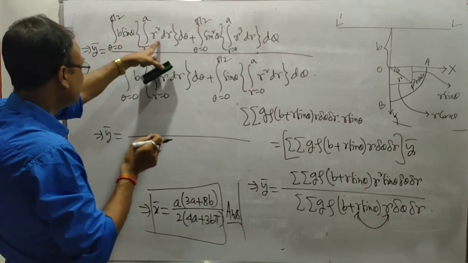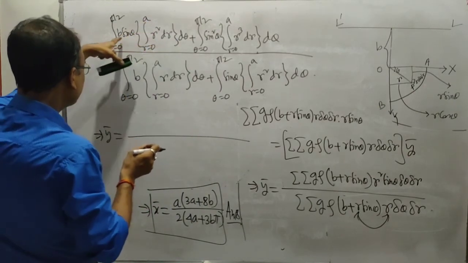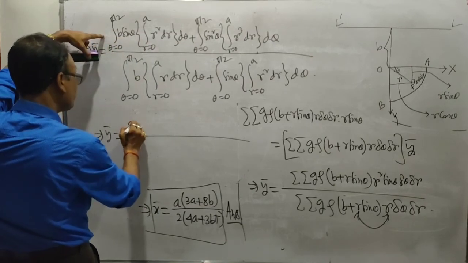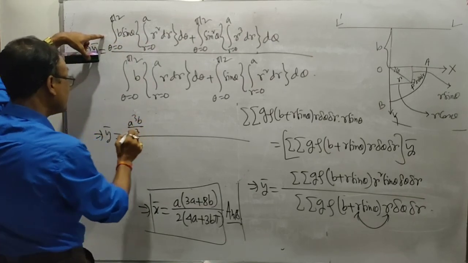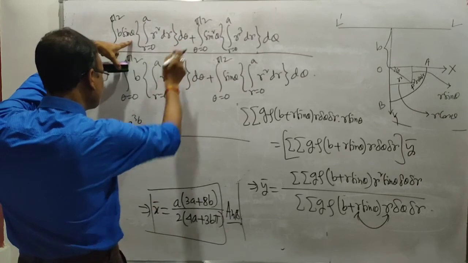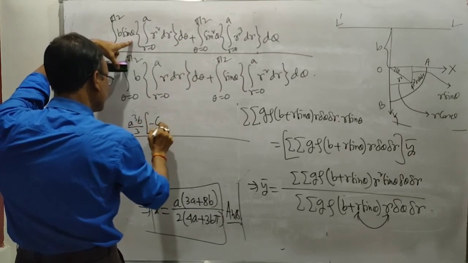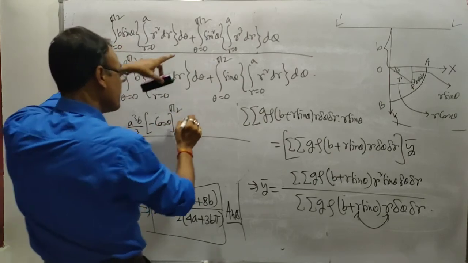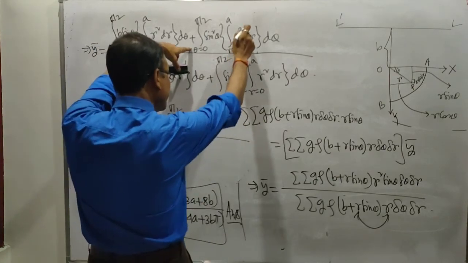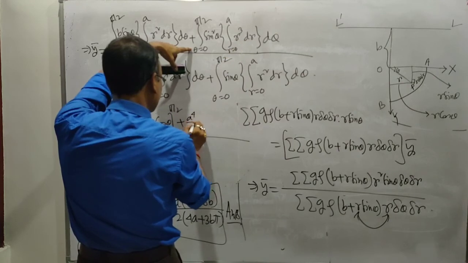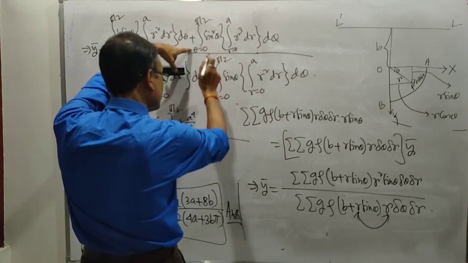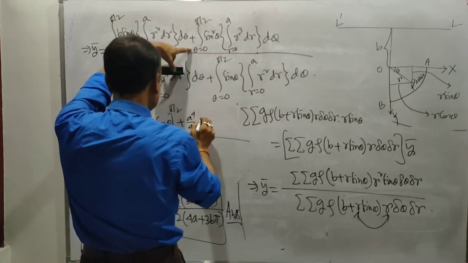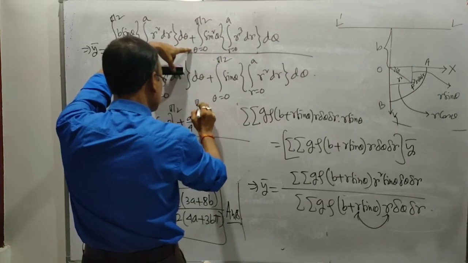This means y bar equal to. It is R cube by 3, means a cube by 3. A cube b by 3, sin theta d theta. The integration is minus cos theta from 0 to pi by 2. Simple. Plus a to the power 4 by 4, integration of sin square theta from 0 to pi by 2.